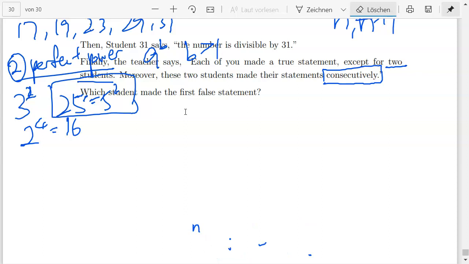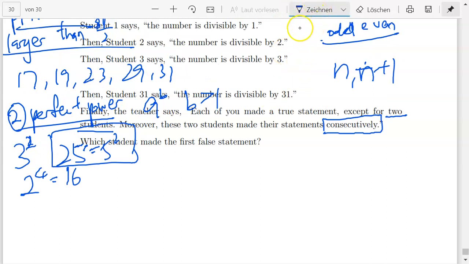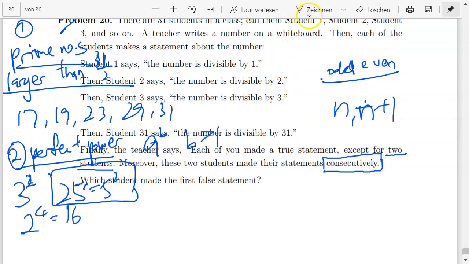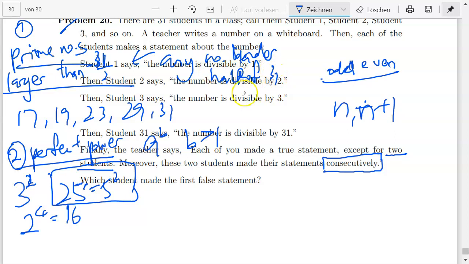So now we just need to list out all the numbers, all the possibilities that I mentioned just now. Actually, to be honest, any number under half of 31 cannot be false, because you will have times 2.